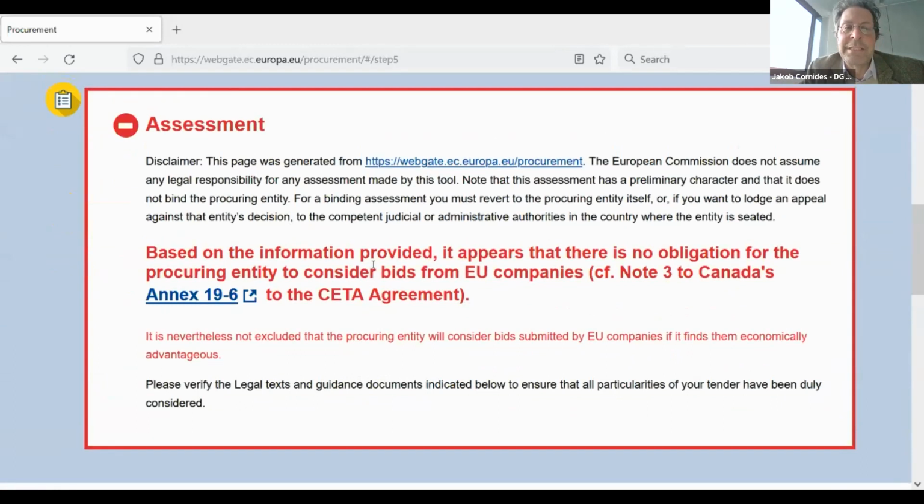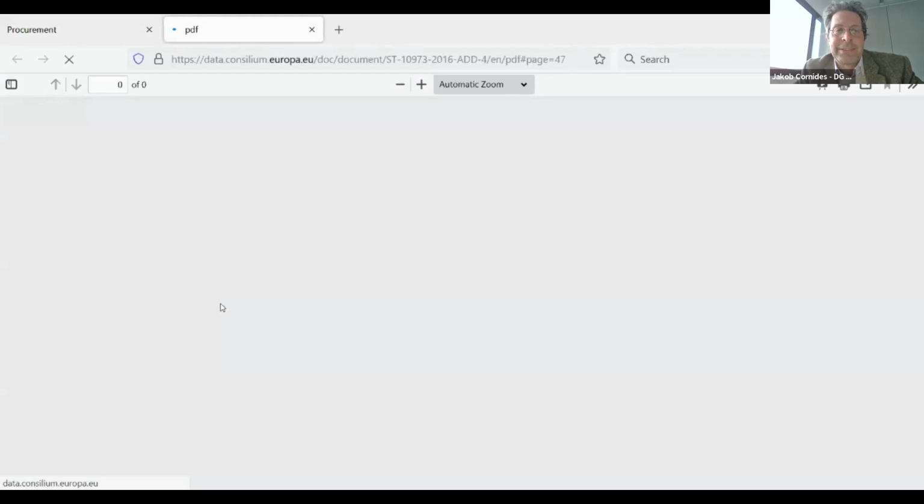Based on the information provided, it appears that there is no obligation for the procuring entity to consider bids from EU companies. The system refers you directly to the relevant provision of the CETA agreement so that you can find out why there is no obligation for Manitoba Electric Board. So I can click here and have a look.